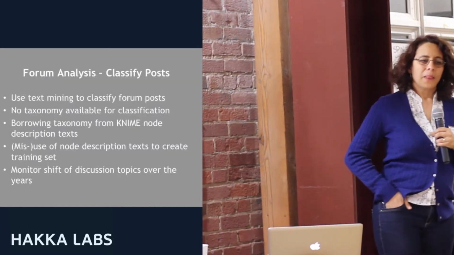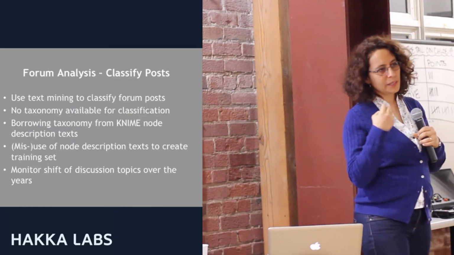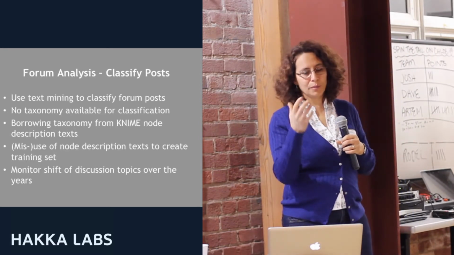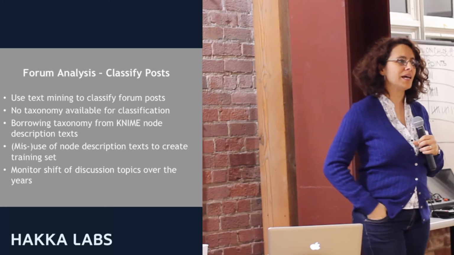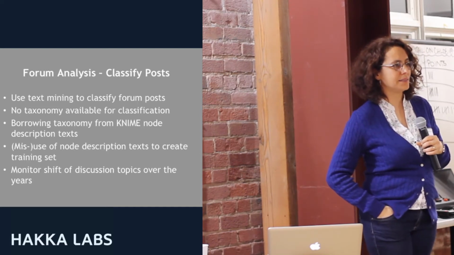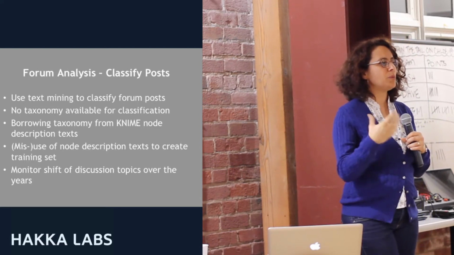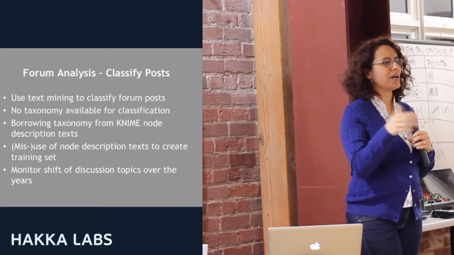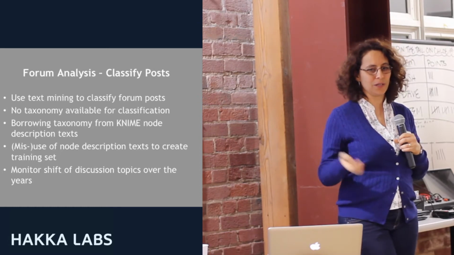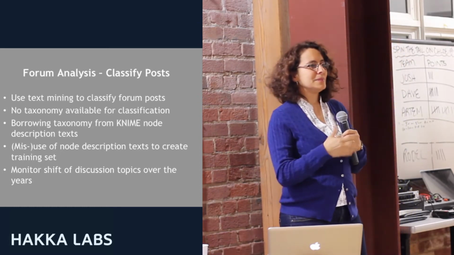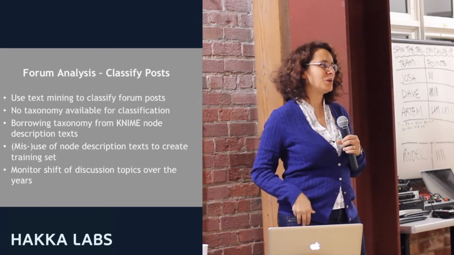The problem with doing text classification, probably you know that already, is that I don't have classes already pre-built. When people write, they write in a category, so they all write in KNIME General because it's a general question, I don't know why. So what do they talk about?